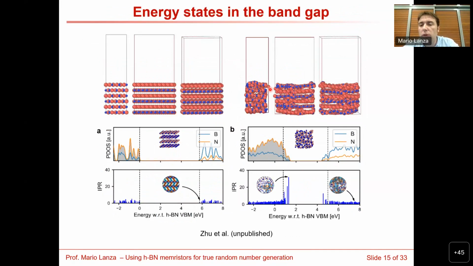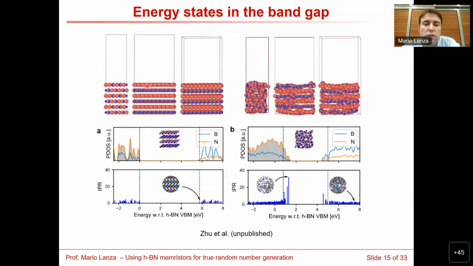So when we have defects, no matter if they are native or if they are generated during the transfer, during the opening of the contacts, or during the metal evaporation, we are changing the energy states. Okay, we are changing the electrical properties of the material, in our case hexagonal boron nitride, which is an insulator.